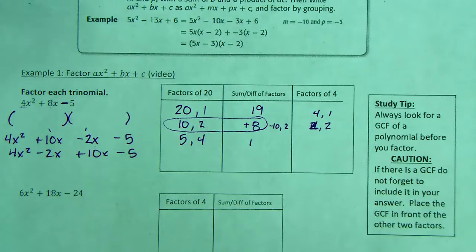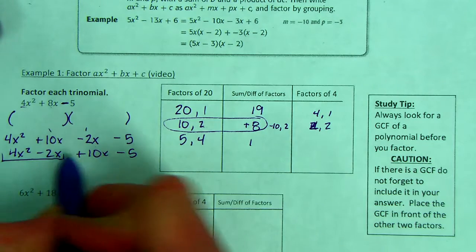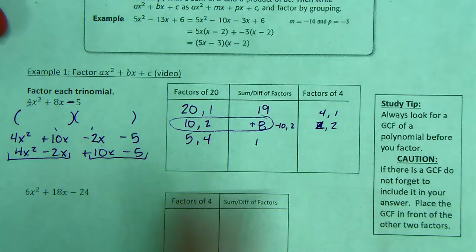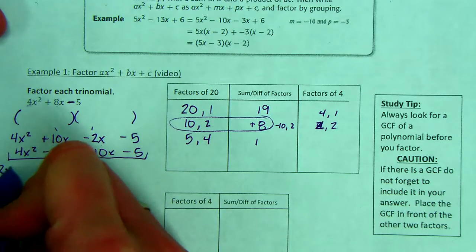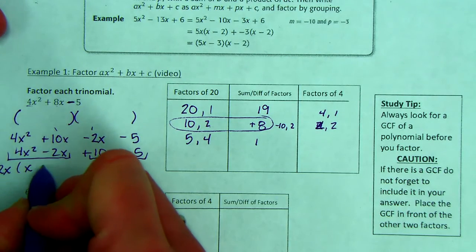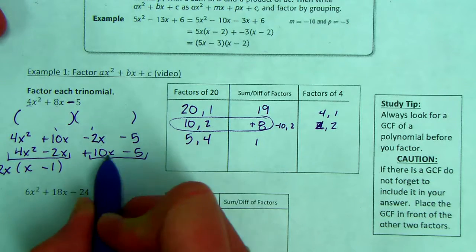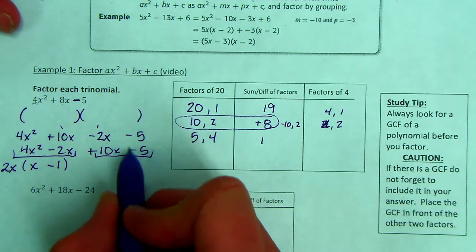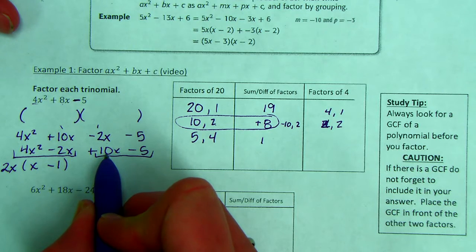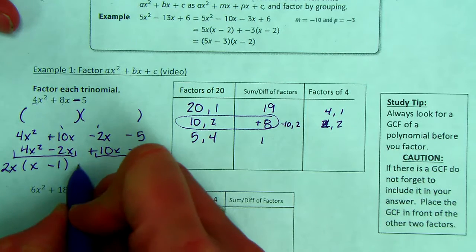Way back 2 lessons ago, what can I take out of these two? 2x. That's why I brought that 2x over there. So I've got x minus 1. And what can I take out of these two? Now, notice this is a negative 5, and that's a 10. So I'm going to take out a 5.